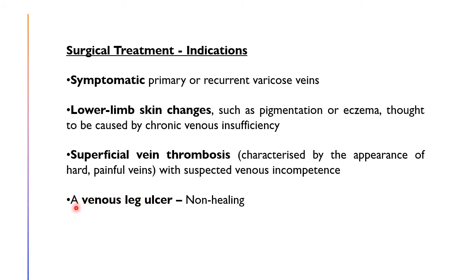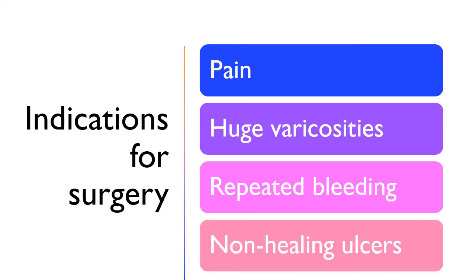The next indication is a venous ulcer which is not healing, a non-healing venous ulcer. Again, in summary, pain, huge varicosities, repeated bleeding, and non-healing ulcers are the indications for surgery.